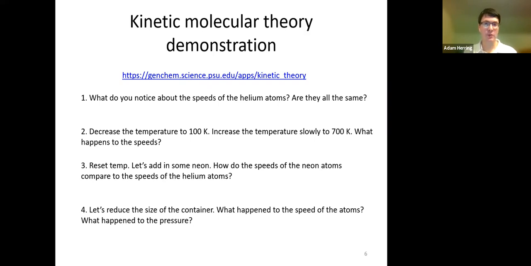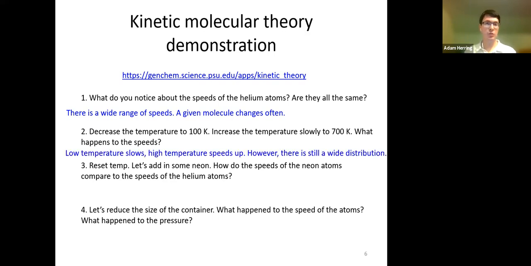Welcome back. So what do we notice in this demonstration about the speeds of the helium atoms? Well, there's a wide range of speeds. And we also notice that the speed of any one molecule actually is changing quite frequently. Sometimes it's moving fast, sometimes it's moving slowly. As you decrease the temperature and then increase it slowly, what's happening?